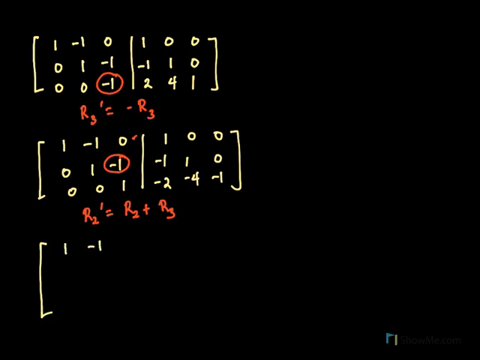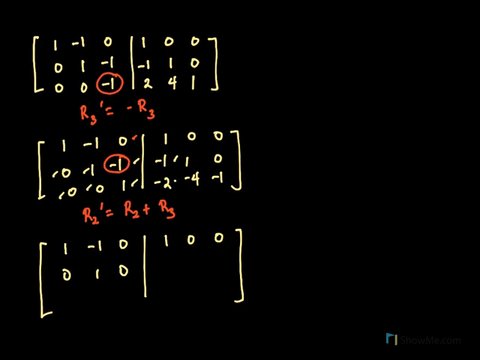So, row 1 as is. Then, pag-addin natin, no? So, 0 plus 0, so that's 0. 1 plus 0, that's 1. Negative 1 plus 1, that's 0.